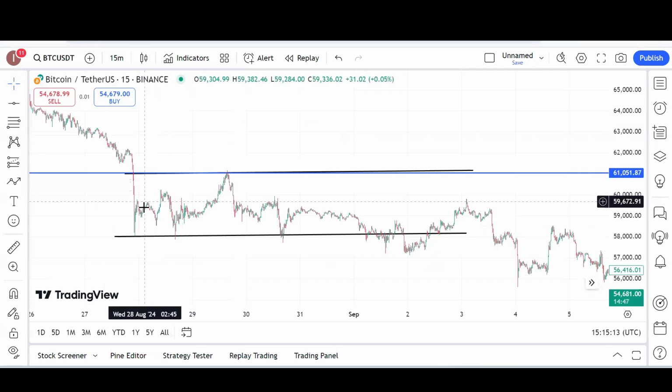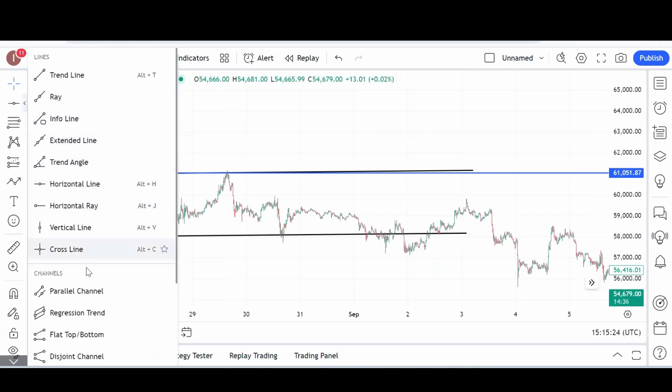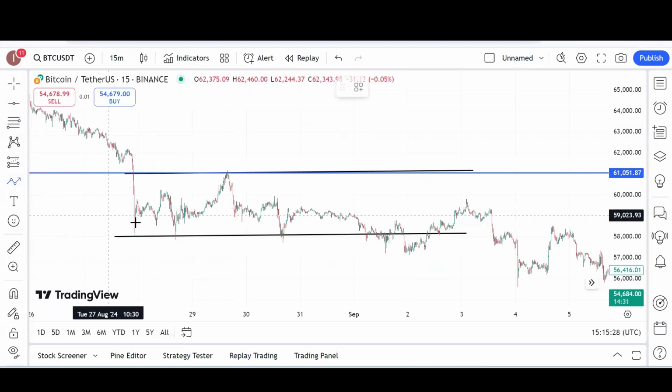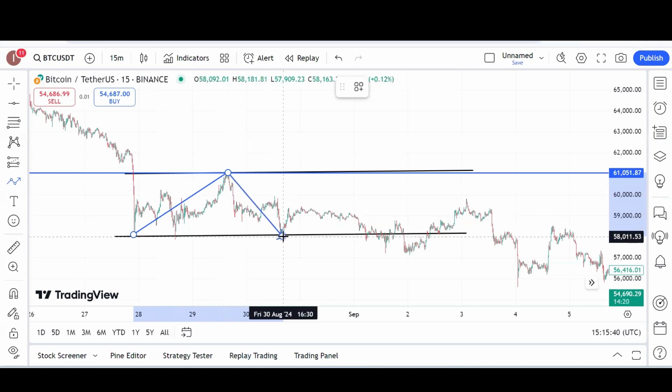When the price touches its support and gets rejected from that point, it bounces from this point, goes above, then gets rejected and hits this point again, and is rejected back. Then the price moves to this point again, goes slightly up, and again comes to the support level.